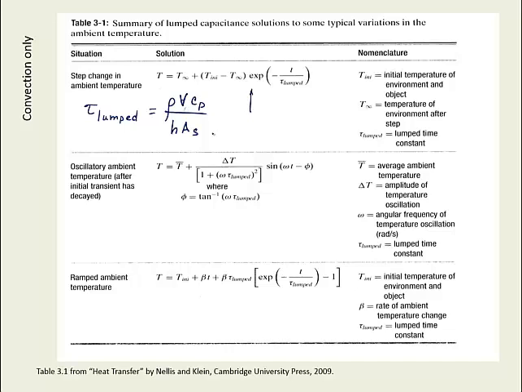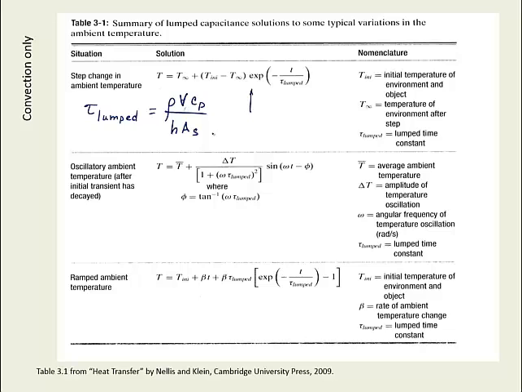And in one time constant, that object will go to 63.2% of that temperature difference. So if we put it in a cool stream temperature, T infinity, it's going to go 63.2% of the way to that free stream temperature in one time constant.